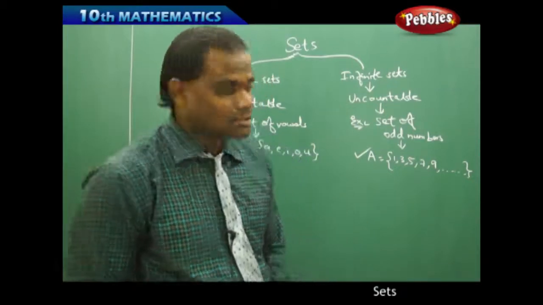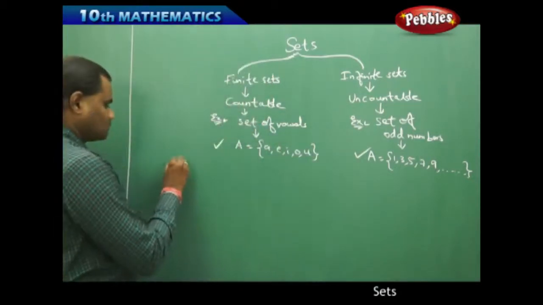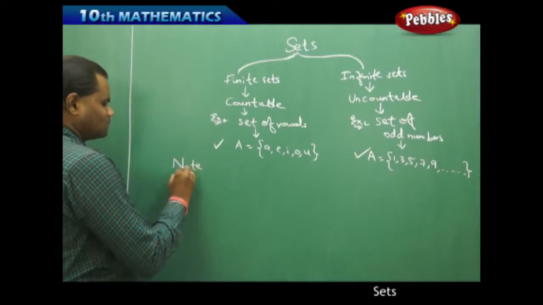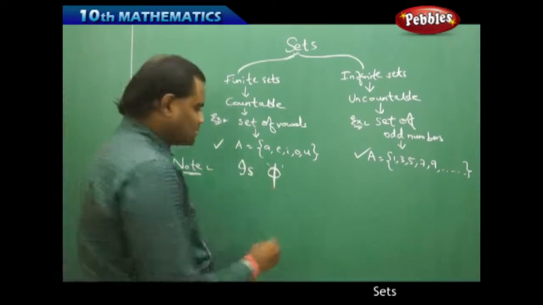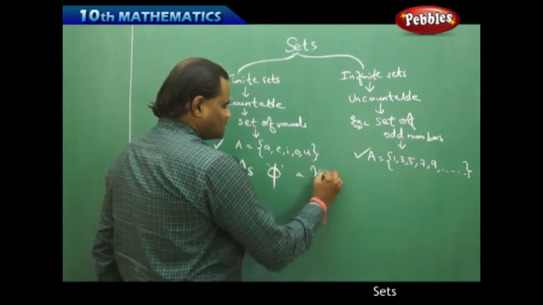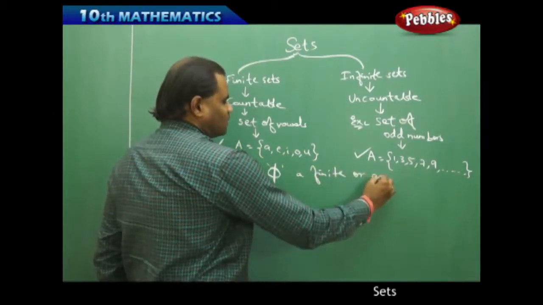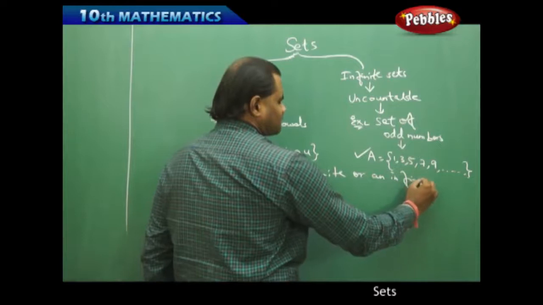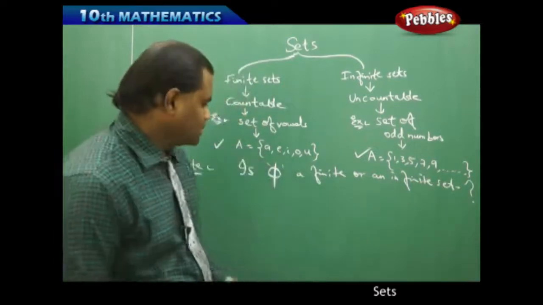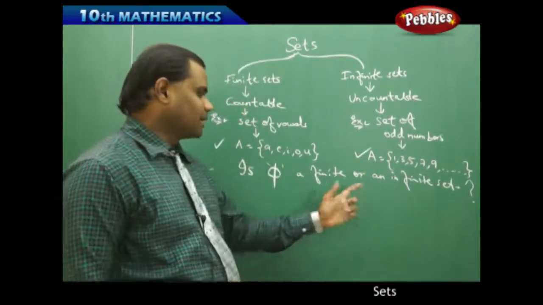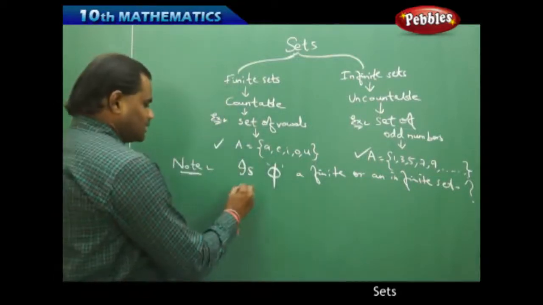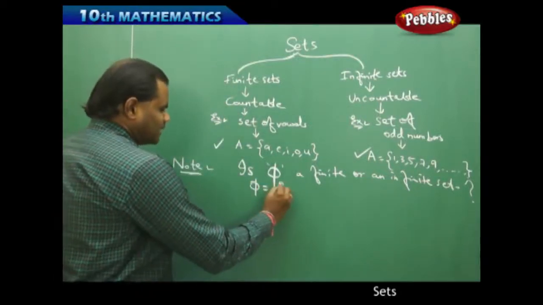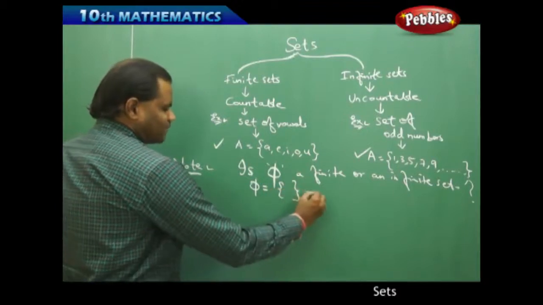The question here comes now: is phi, or a null set, finite or infinite? So clearly we know that a null set is nothing but an empty set which does not have any element.